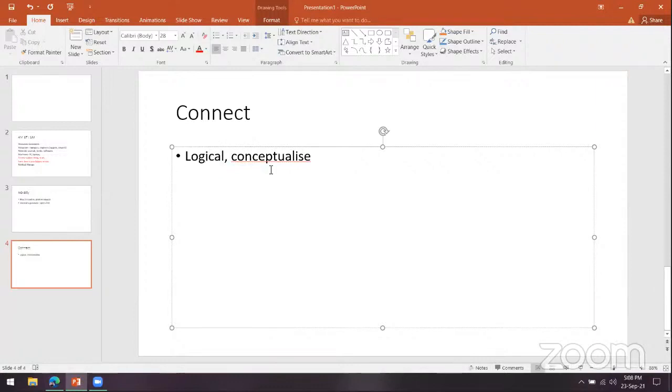Some of the students, I'm not saying you, some of the students, have trouble with logical thinking as well as conceptualization. Now, what does it mean by logical? It has to be sense-making. It has to be scientifically proven. It has to be fact-based. So some of them say, okay sir, I want to study something to do with reducing accidents.